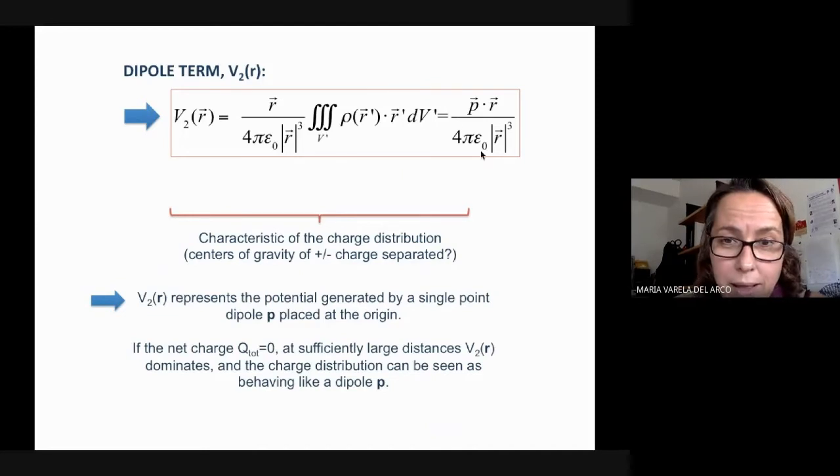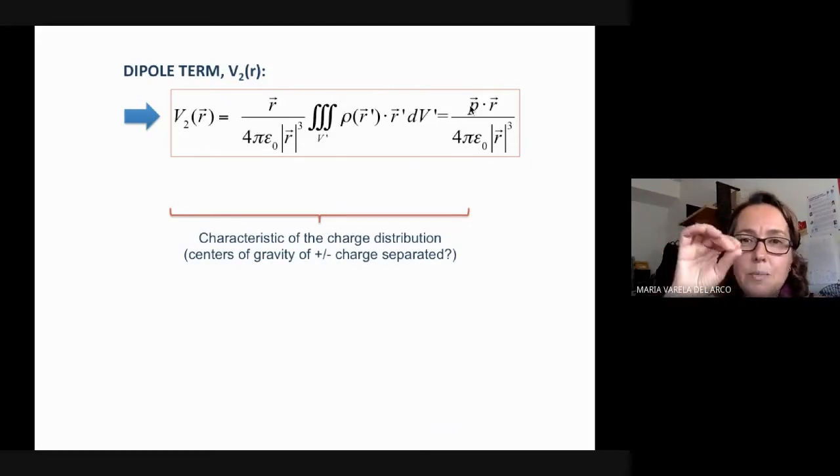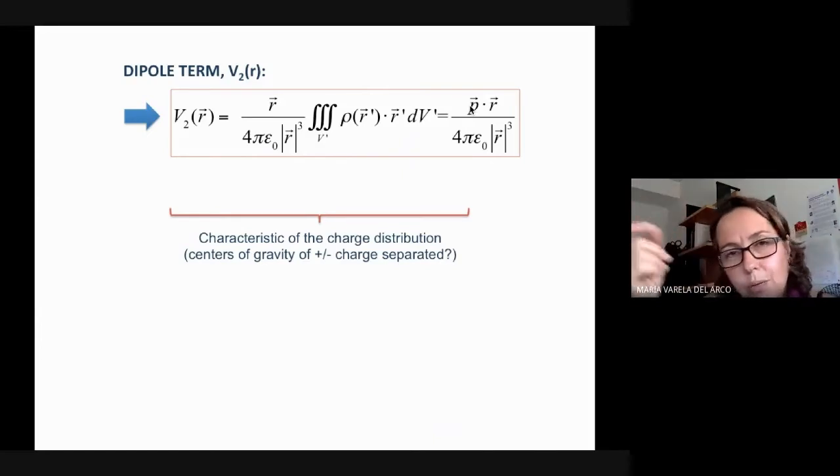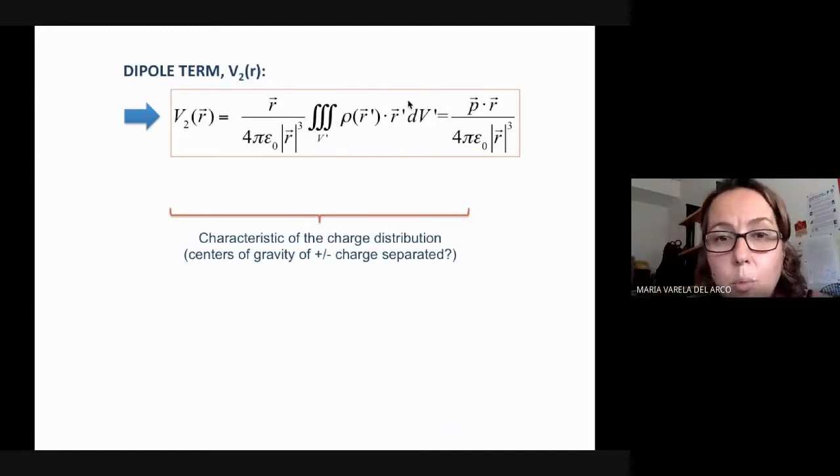Okay? The dipolar moment P, which for a number of point sources can be calculated as the sum of each charge, Q1, Q2, Q3, whatever, times its position: Q1 R1, plus Q2 R2, plus Q3 R3. When I have a finite distribution of charge over a volume, what I do is the infinite sum, which is an integral over the sources of charge times position.